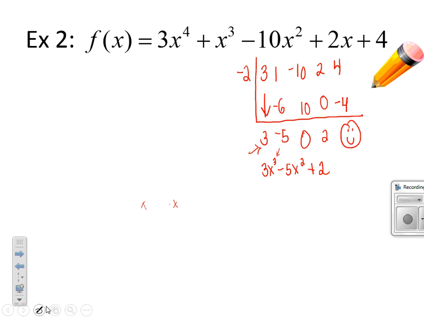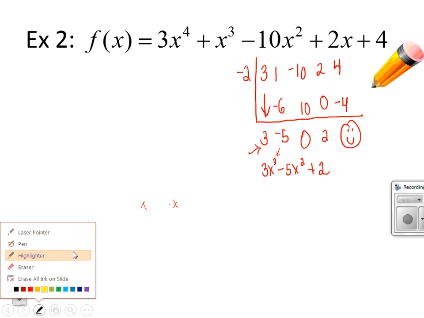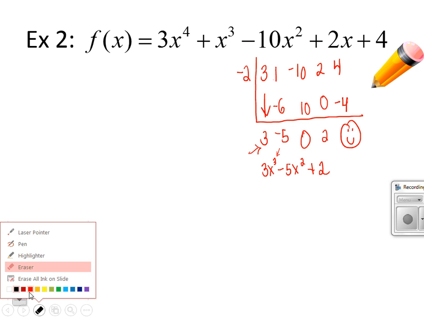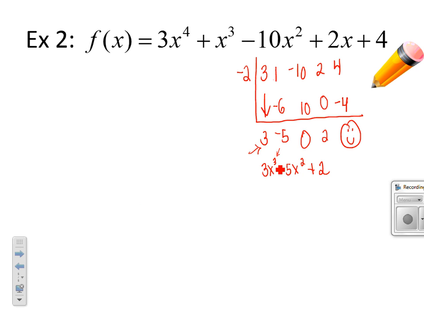And go ahead and see what I can get at the end. So here we go. Let's take our quotient again and now use the other good hint from the graph. So 3, -5, 0, 2. Don't forget your placeholder.